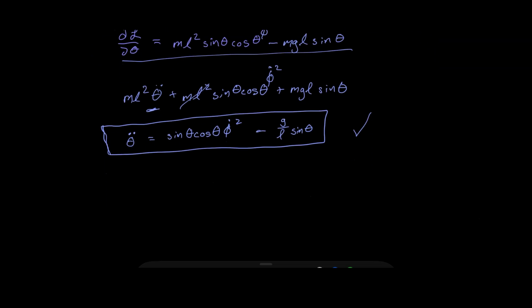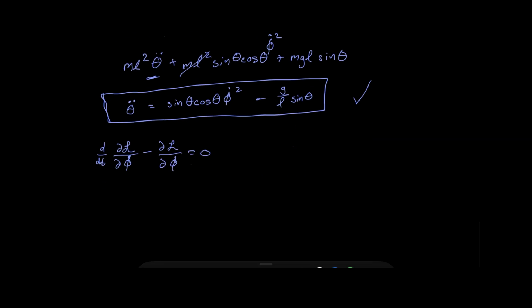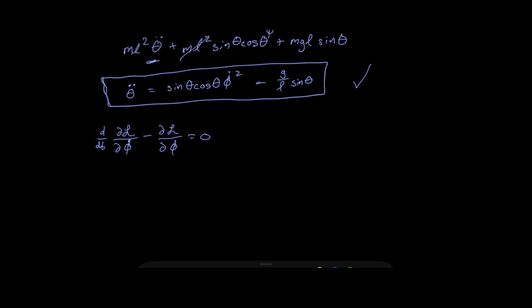Now we're going to do our phi term. So we have d dt of partial L with respect to phi dot minus partial Lagrangian with respect to phi that equals 0.